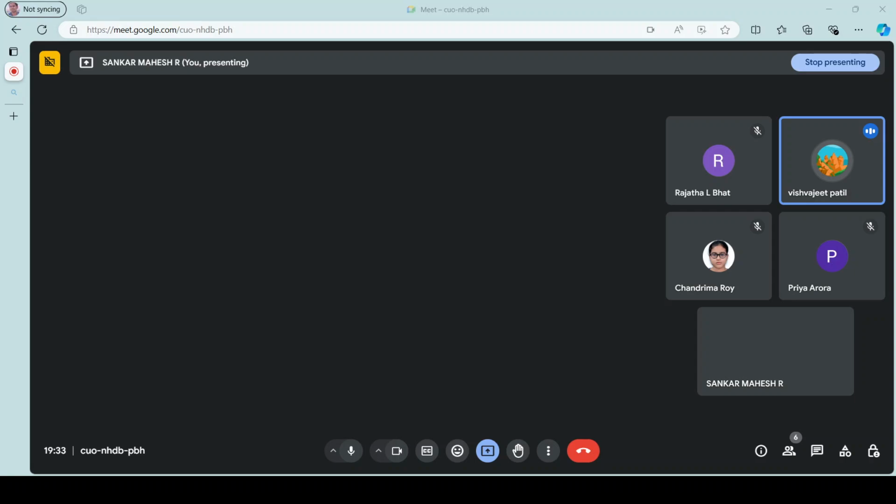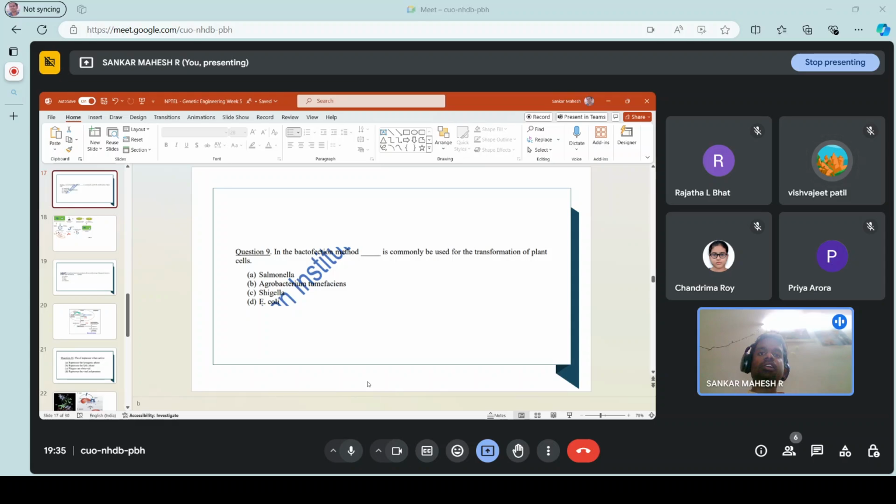You can think about this as host pathogen interaction. Before that, does anyone want to answer this question? Priya, Rajata, Chandrima? Do you know anything about Agrobacterium tumefaciens?